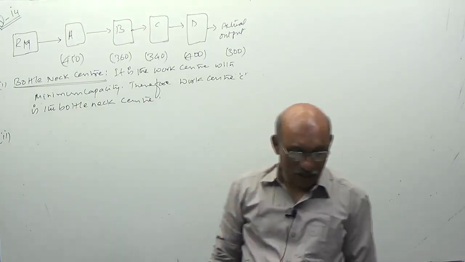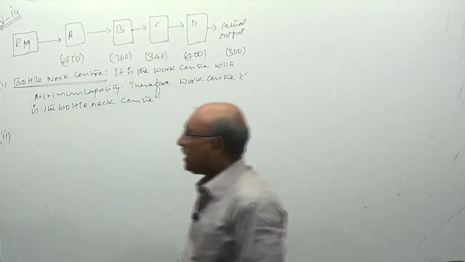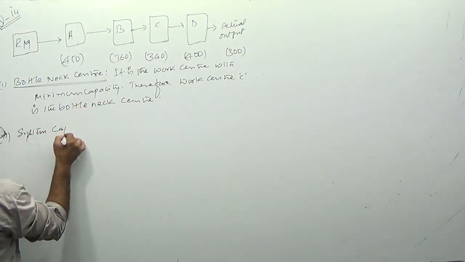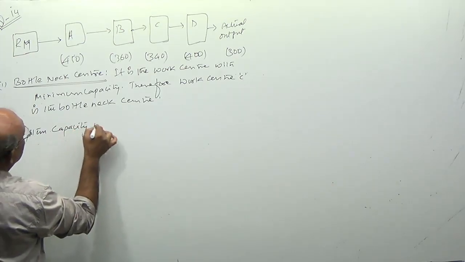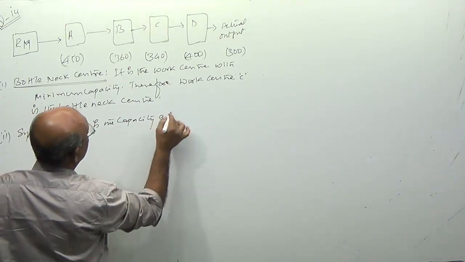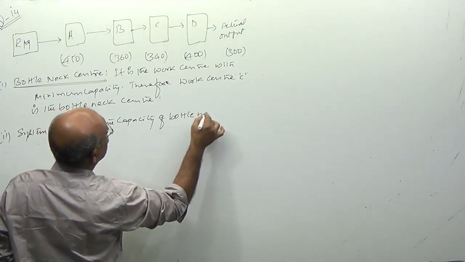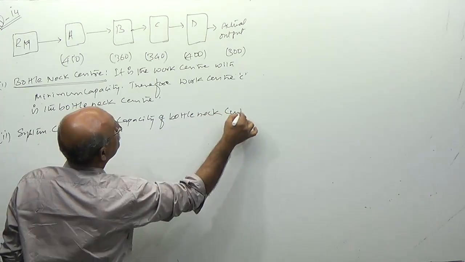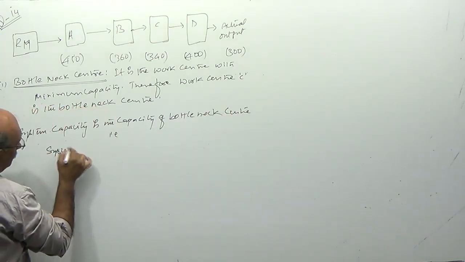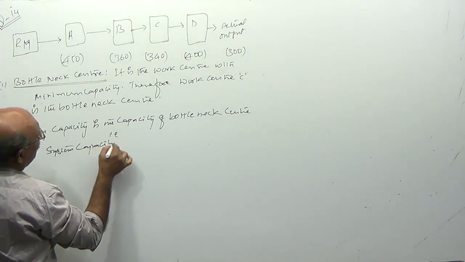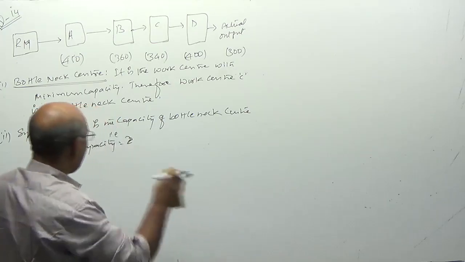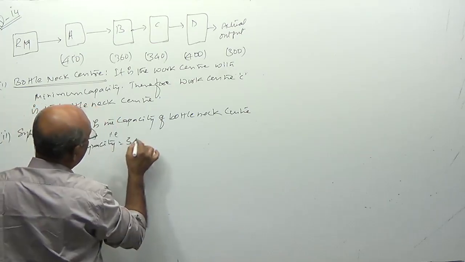System capacity is the capacity of the bottleneck center. That is, system capacity is equal to 340 units.